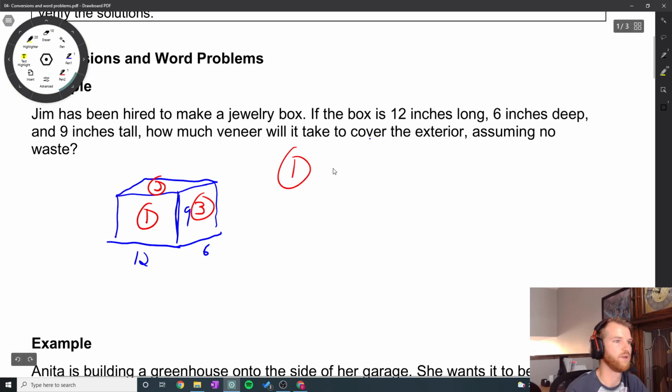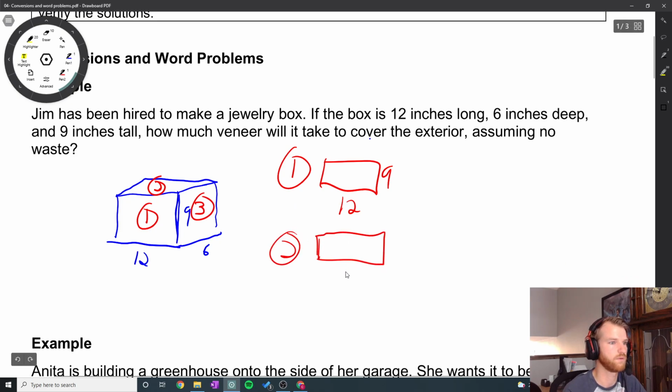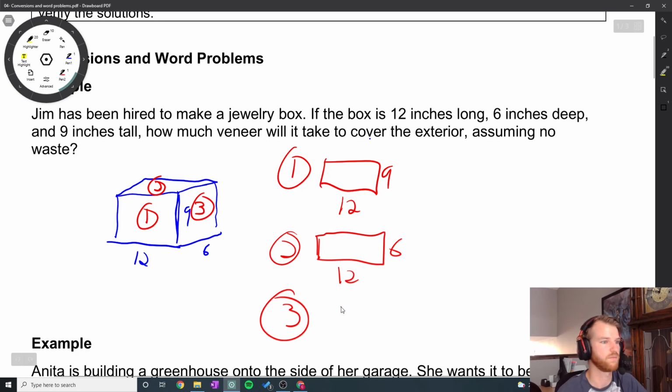Side 1 is 12 by 9. Side 2, the top, is 12 by 6. This length here is 6. And side 3 is our side, which is 9 by 6, 9 tall and 6 wide.